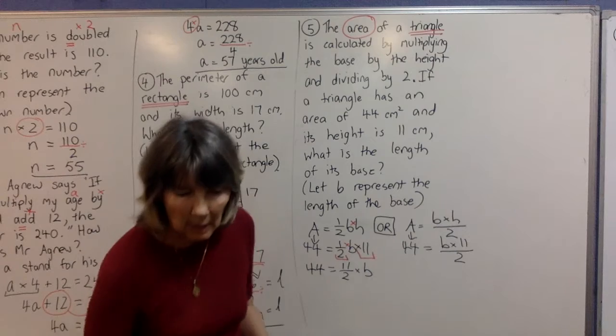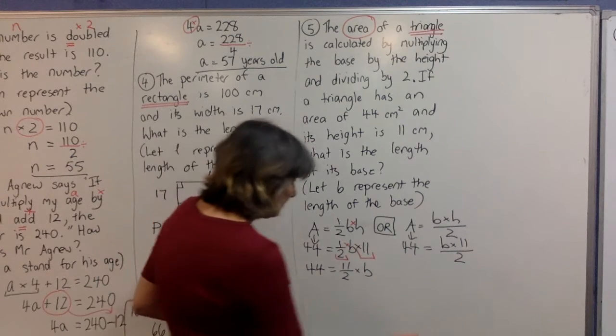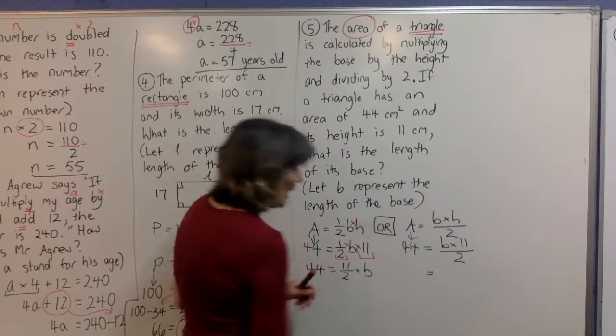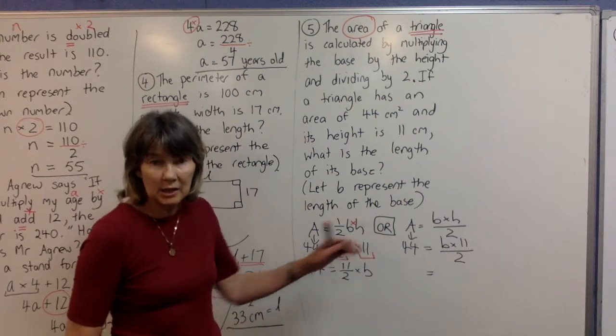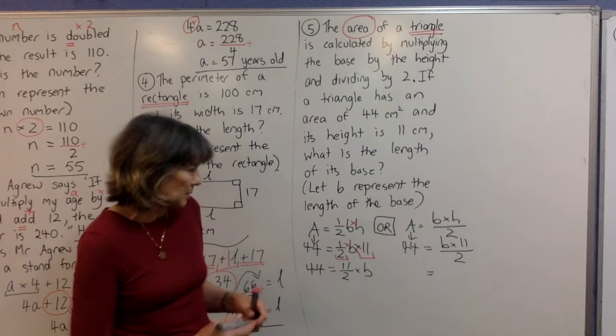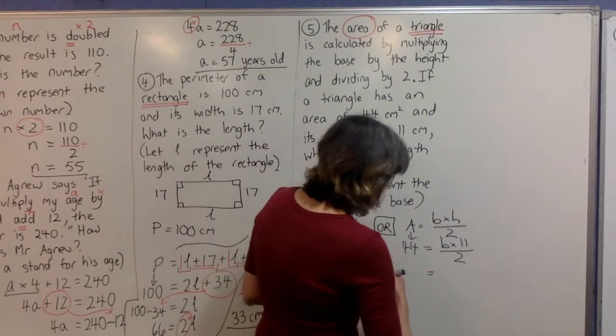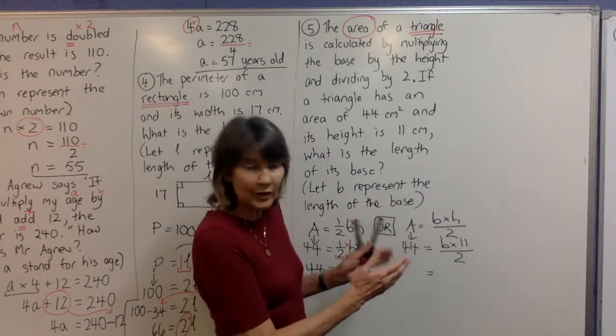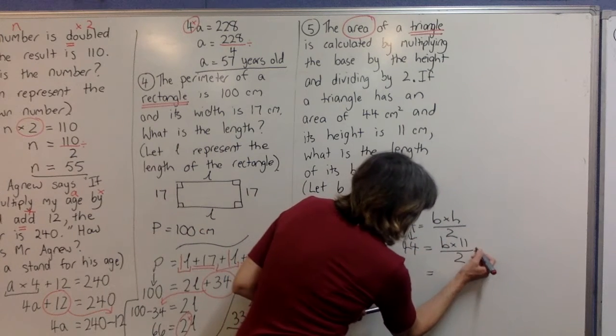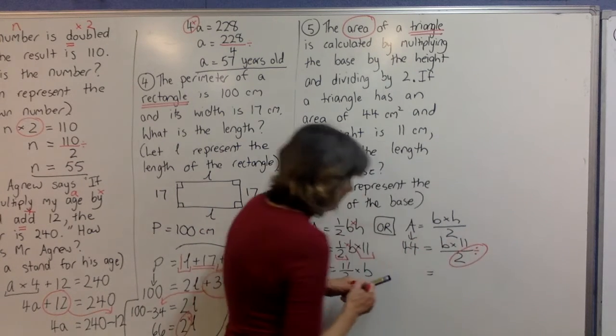Okay, now if we have a look over here at this one, we're ready to start actually solving the equation. So this one probably works out easier to do once you get down to this bit. Okay, so what is our best friend here? It's the times 11 on the top because it's with the letter. So we want to get rid of the divided by 2 first.